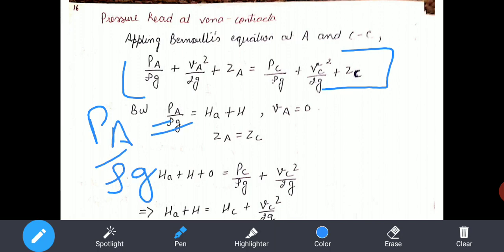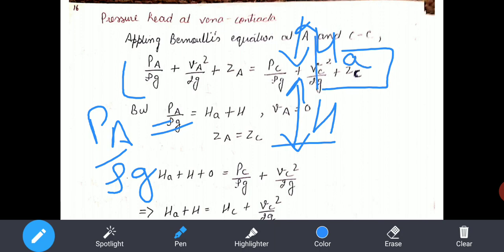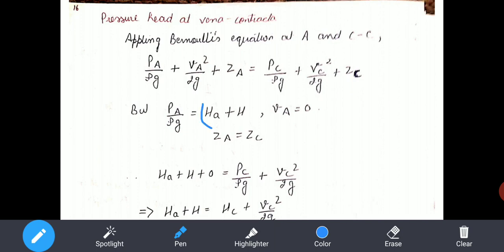Above the mouthpiece the head is the water present above it, which is H, and in addition to that the head due to atmospheric pressure, Ha. If it is not given, then we consider this value as 0, but here it is given that the atmospheric pressure head is 10.3 meter, so we consider Ha plus H.